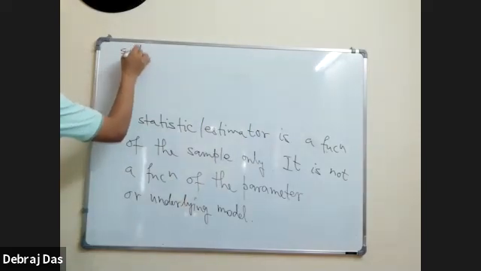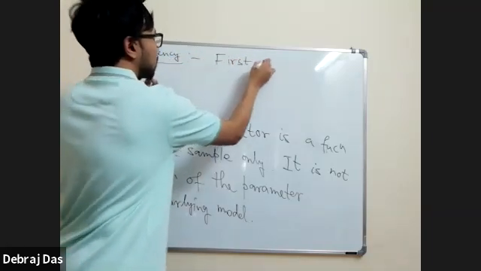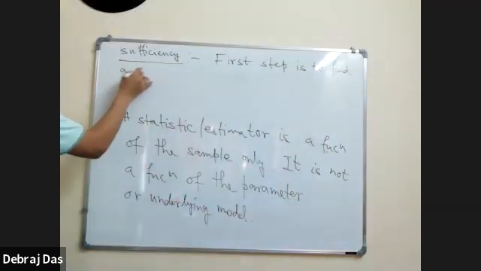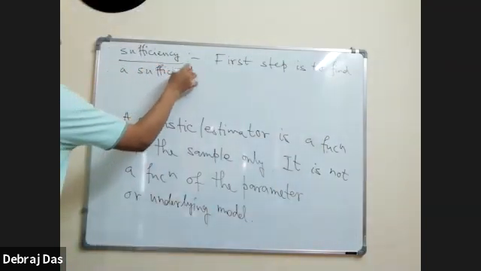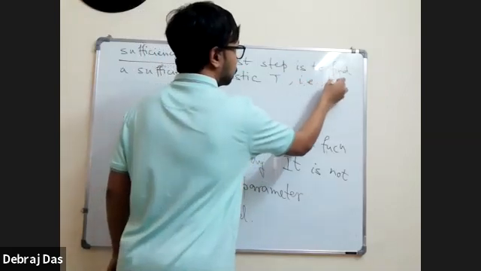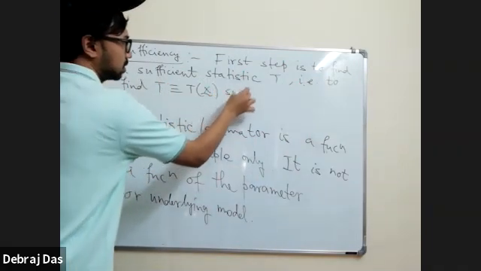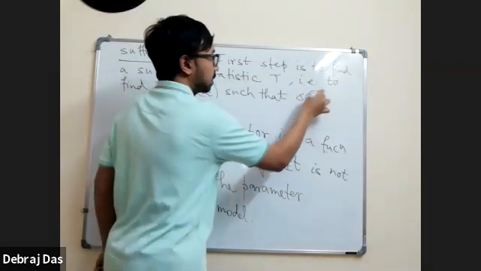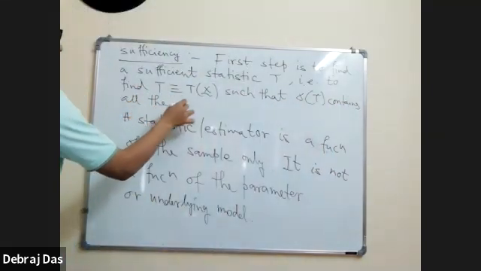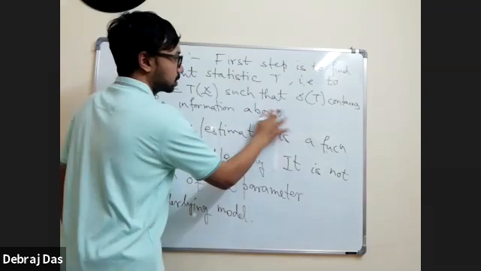The first step is to find a sufficient statistic T, that is to find that sigma T contains all the information about the model. Obviously, we are inferring about the model.